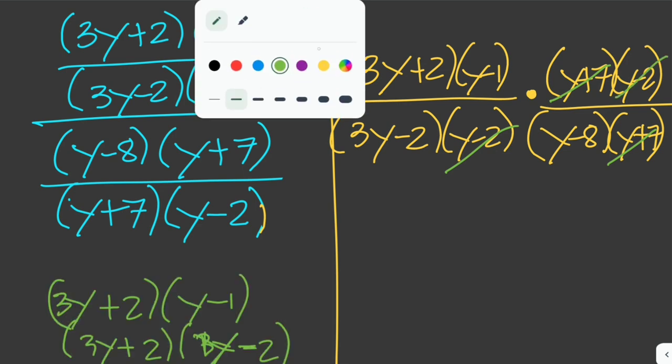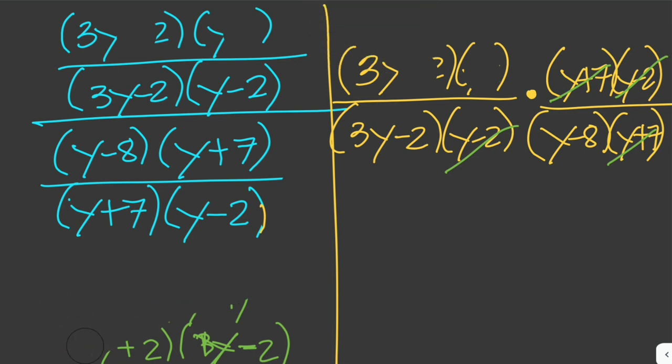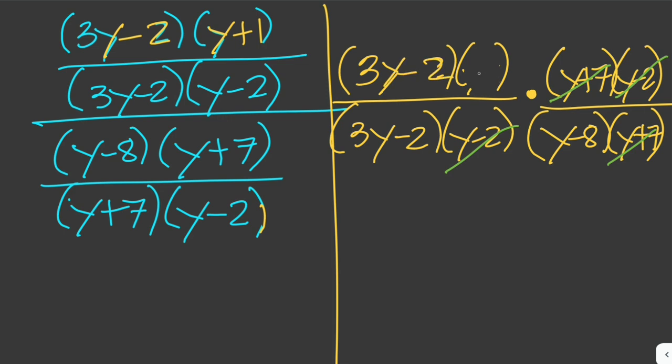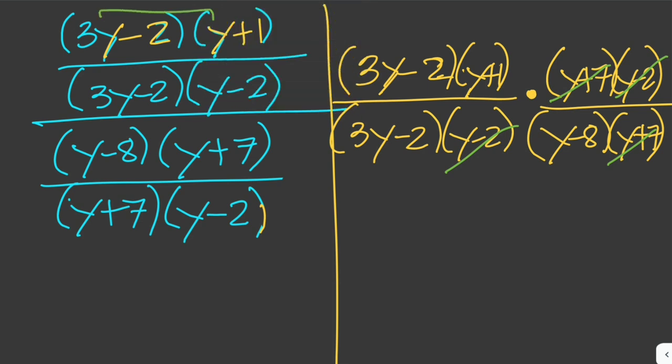I'm sorry, I think I made a mistake in the signs. This should be 3y minus 2 times y plus 1, because when you multiply them, this would be 3y squared minus 2y plus 3y.